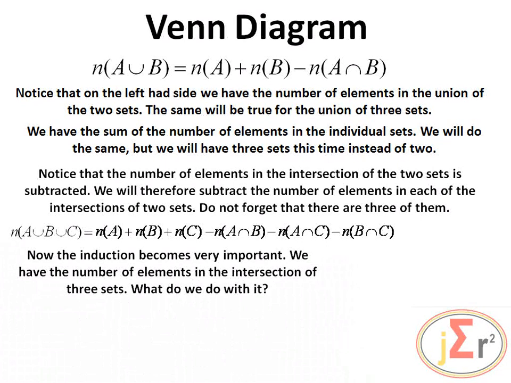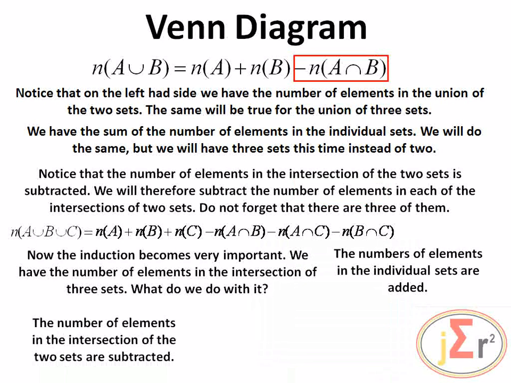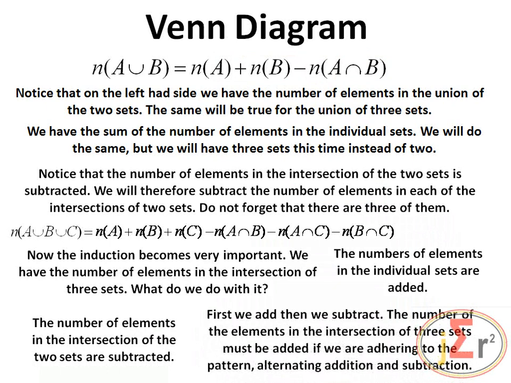Now, the induction becomes very important. We have the number of elements in the intersection of three sets. What do we do with it? Look what we have. The numbers of elements in the individual sets are added. So we have add. Then the number of elements in the intersection of two sets are subtracted. First, we add, then we subtract.